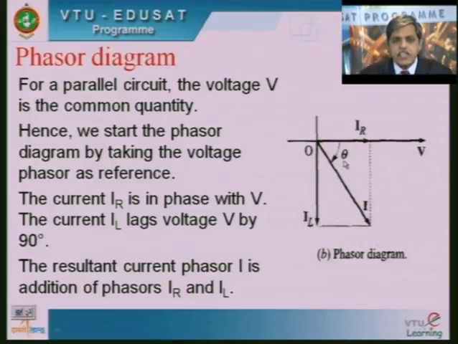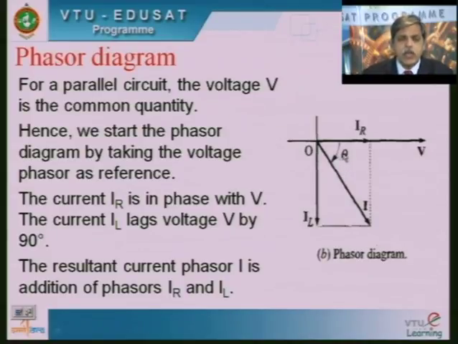So, IR and IL are vector quantities. To find the resultant current, I am adding these two currents vectorially. By completing the parallelogram, the diagonal gives the total current drawn by the source into the parallel circuit. This current lags behind the voltage by an angle theta.